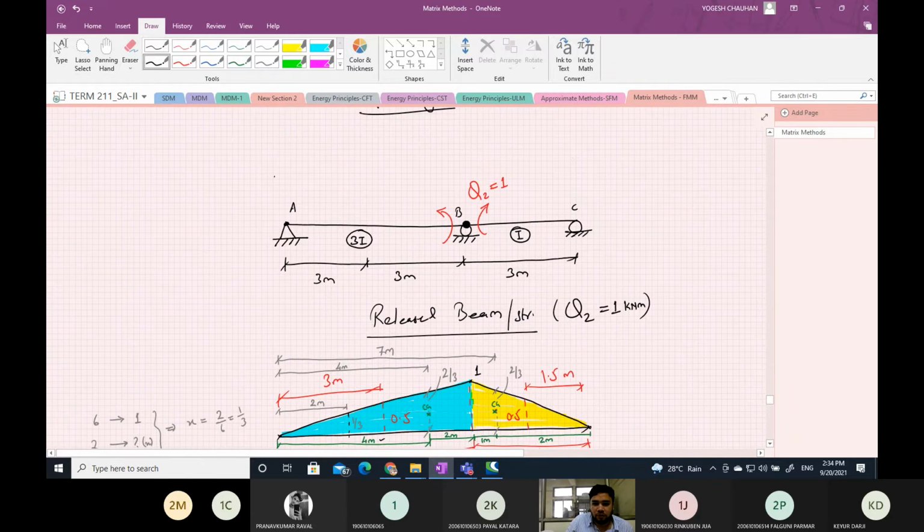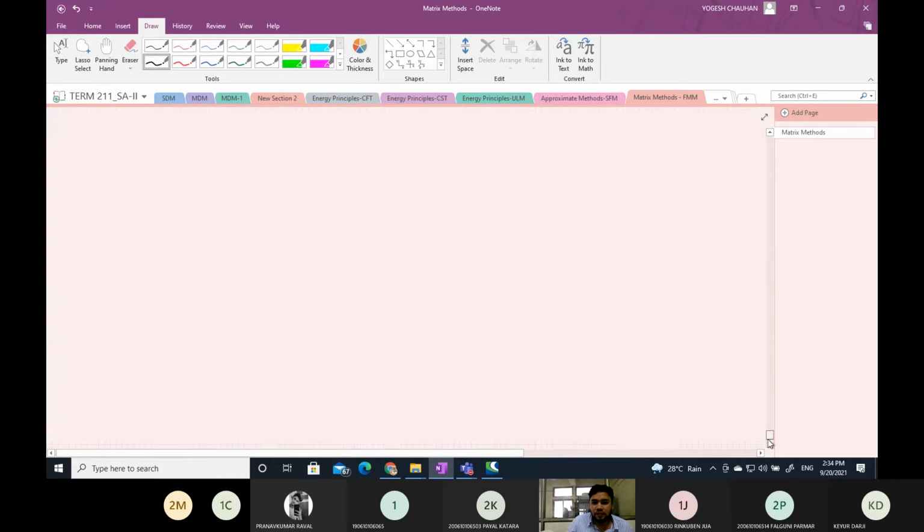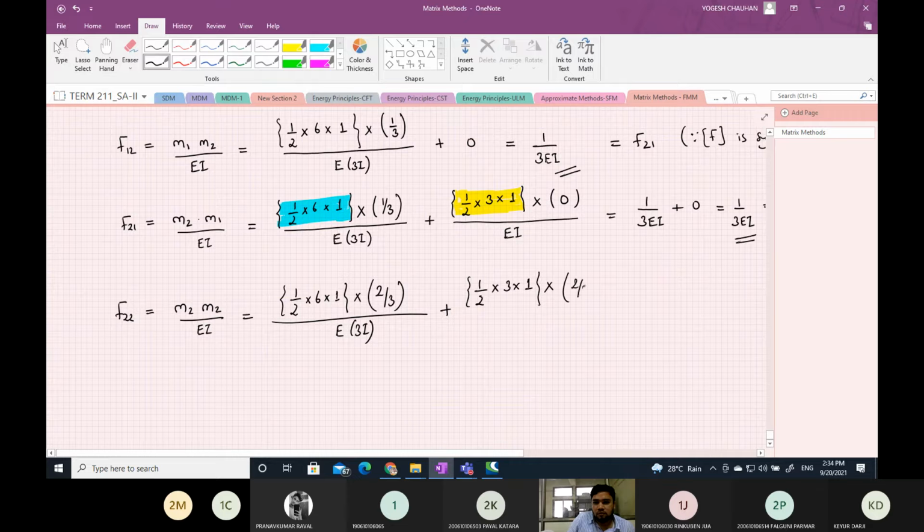So in the M2 diagram, corresponding to the CG, it will be 2 by 3, so multiply it with 2 by 3, divided by EI, because for segment BC the flexural rigidity is EI. So this is the area of the first segment, that is AB, and this is the area of the second part, that is BC.